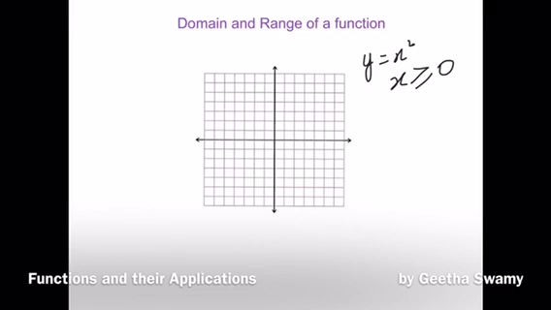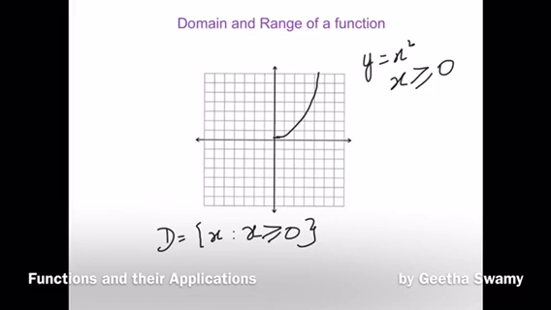So the rule of this function is y is equal to x squared, and the domain of this function D is equal to x such that x is always greater than or equal to 0. So when I plot this function, the function will look something like this. That's not a perfect drawing, but that's how it will look.